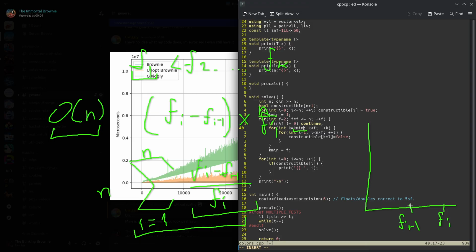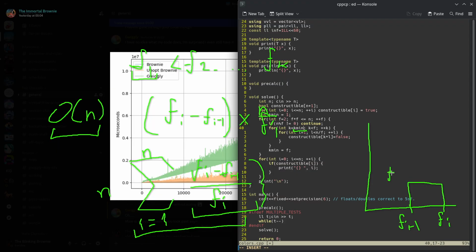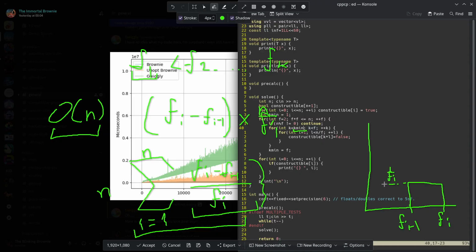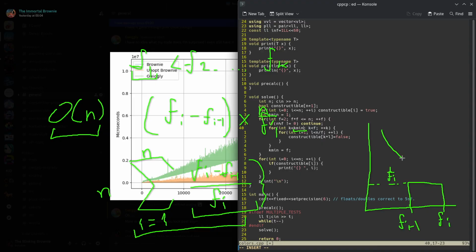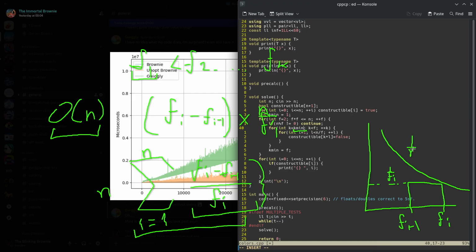So we can plot this as a rectangle, where the height would be 1 over fi. That's the height. Note that the area of this rectangle is less than the area under the curve, right? Because fi is greater than fi minus 1. This curve is 1 over x.